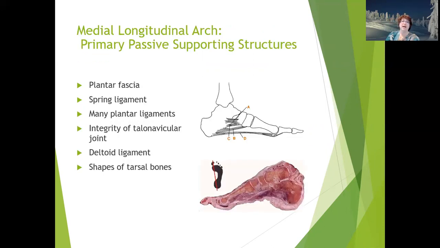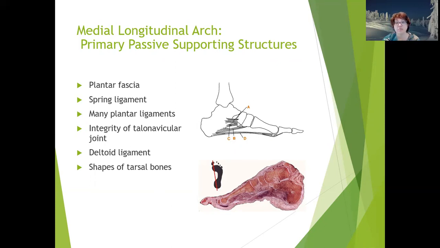So the primary passive supporting structures of the medial longitudinal arch are the plantar fascia, which is letter D on this diagram, the spring ligament, which is letter A, a lot of the plantar ligaments, which are B and C, the integrity of the talonavicular joint.